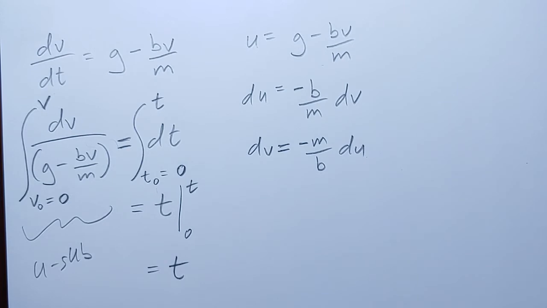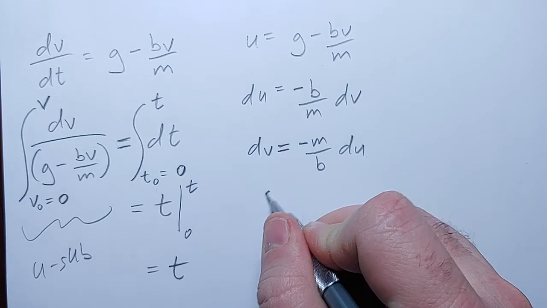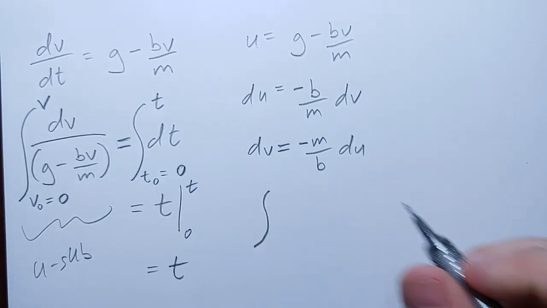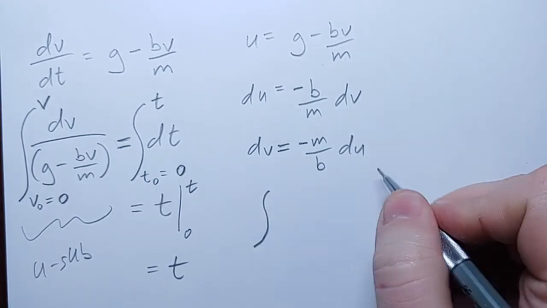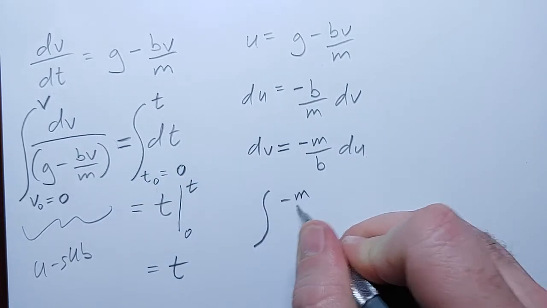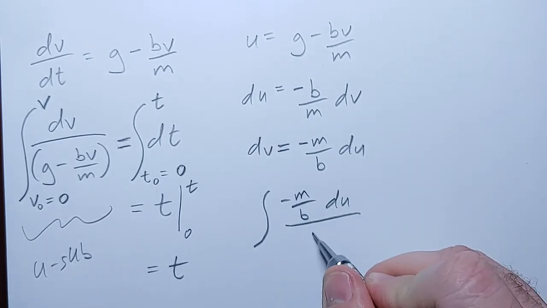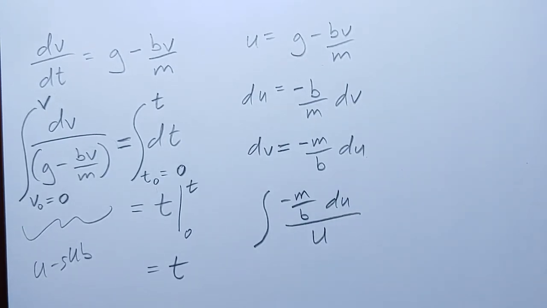And so we can write the left side of the equation here as the integral of, so dv becomes negative m over b du divided by u.